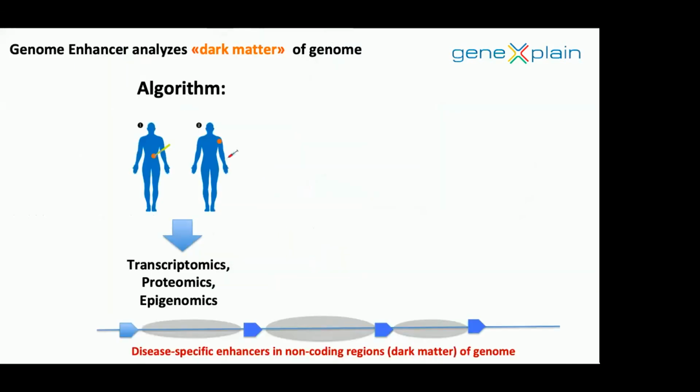Okay, so the Genome Enhancer works like so. From the name, Genome Enhancer, you can guess that we pay attention to enhancers in the genome. And we analyze the so-called dark matter of the genome, those regions of the genome which are located between the genes and which are responsible for gene activation.